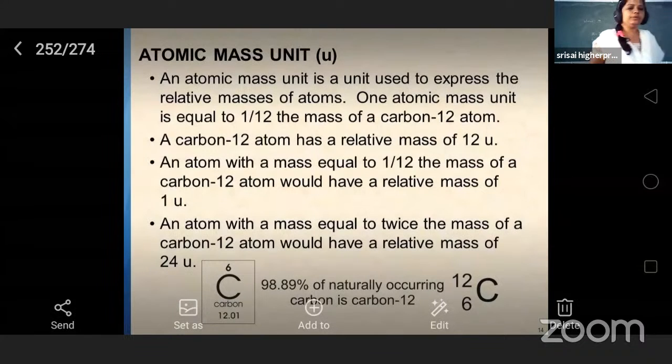You see, carbon's atomic number is 6 and the atomic mass is 12. The double of the atomic number is the atomic mass. You have to keep that in your mind. If the atomic number is 7, the atomic mass is 14. Like this, if the atomic number is 8, the atomic mass will be 16.